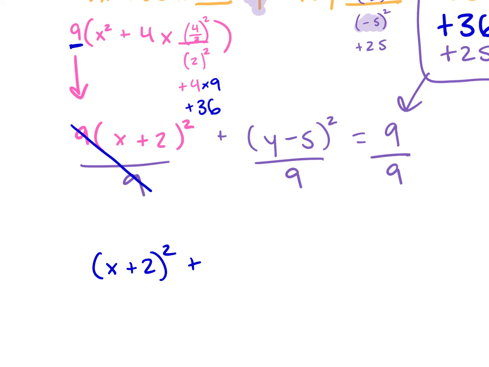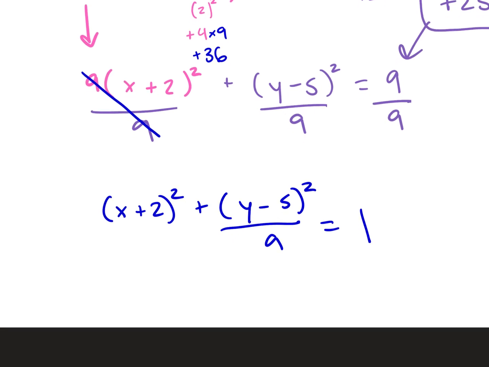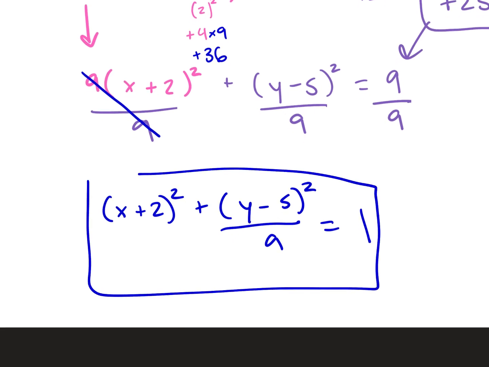Sometimes it helps when you have to find your a and b and things like that, if you want to leave the 1 on the bottom, but you don't have to. And then y minus 5 squared over 9 is equal to 1. Don't forget to put that equal to 1 there. Remember last year when I taught this, a lot of people would just forget. It's got to be equal to 1.